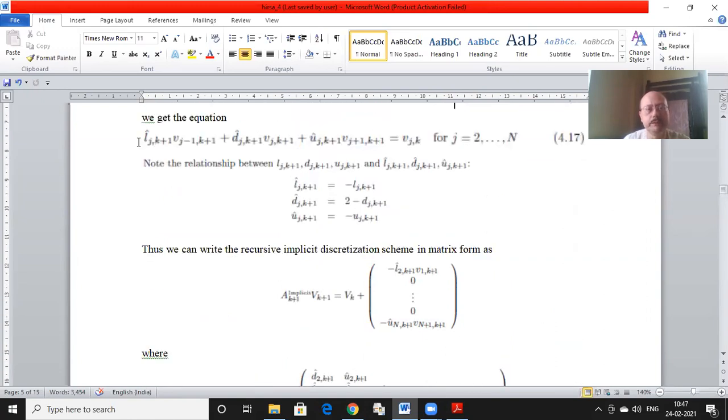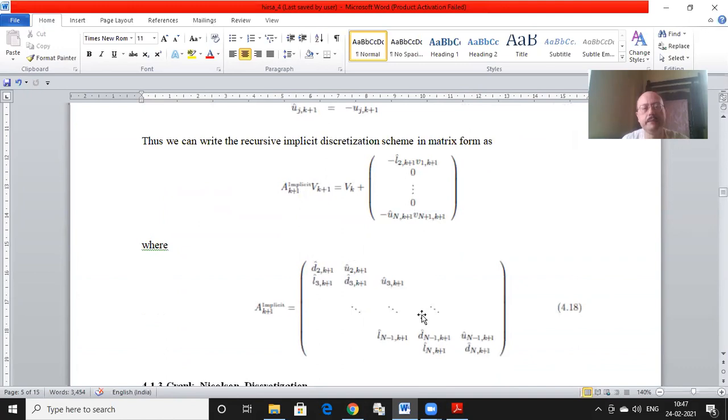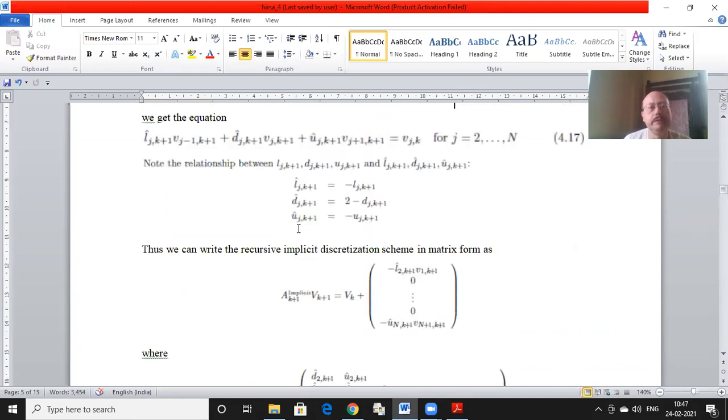These coefficients L, D, U, L hat, D hat, U hat. In terms of that matrix, the equation 4.17 becomes A implicit V(k plus 1) equal to V(k) plus the boundary correction. This we have done before, and we know that it has a lot of order confusion. So you have to be careful whether the order is correctly specified here also.